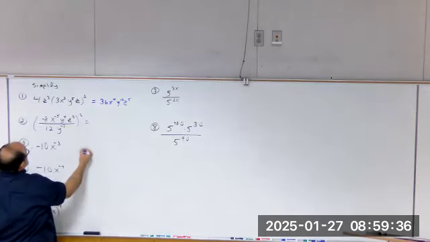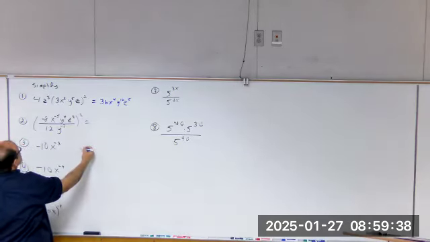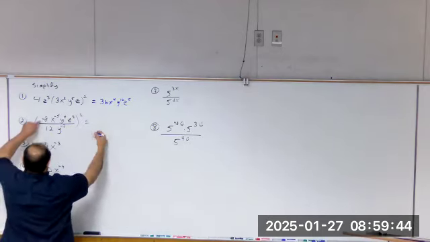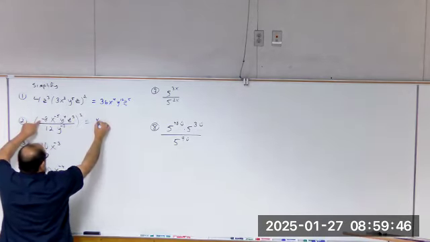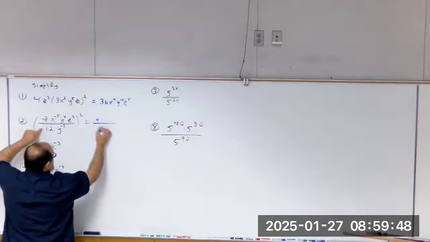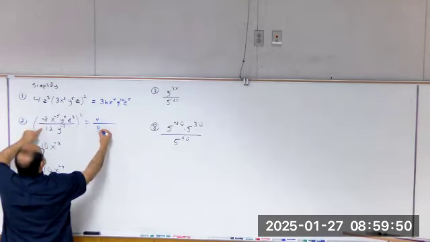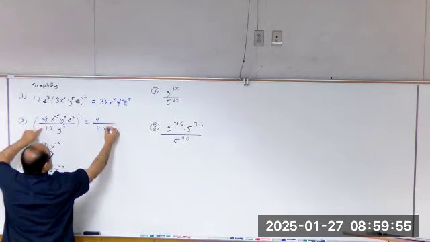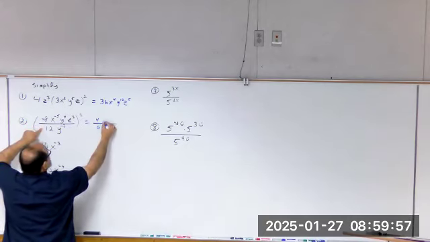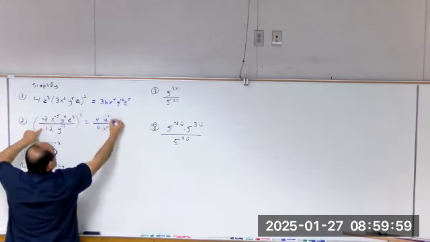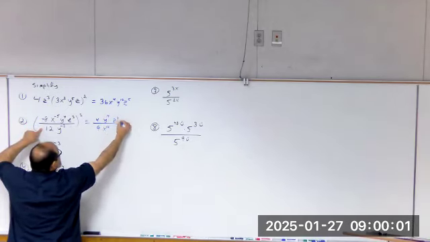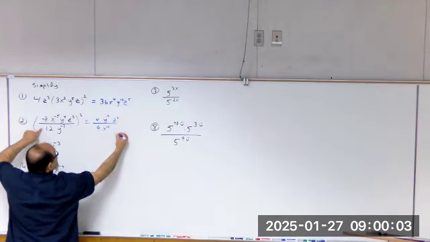This one's going to be positive 4 over, that's going to be a 9. And that's going to be an x to the 10th down here. That's going to be a y to the 14th up there and a z to the 6th up there.